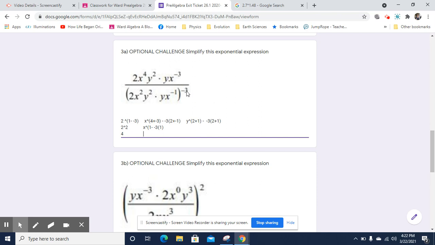So I've got x to the 1 minus negative 3, basically. So 1 minus negative 3 is 2. And I'm done with the x's, and now let's deal with the y's. So I've got y to the 2 plus 1, that's 3. I'll put that in parentheses.